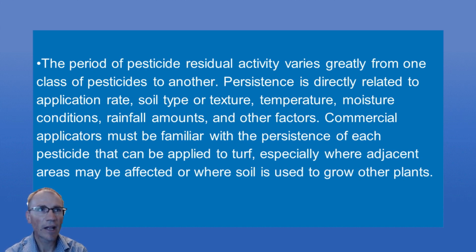Persistence is directly related to application rate, soil type and texture, temperature, moisture conditions, rainfall amounts, and other factors. Commercial applicators must be familiar with the persistence of each pesticide that can be applied to turf, especially where adjacent areas may be affected or where soil is used to grow other plants.